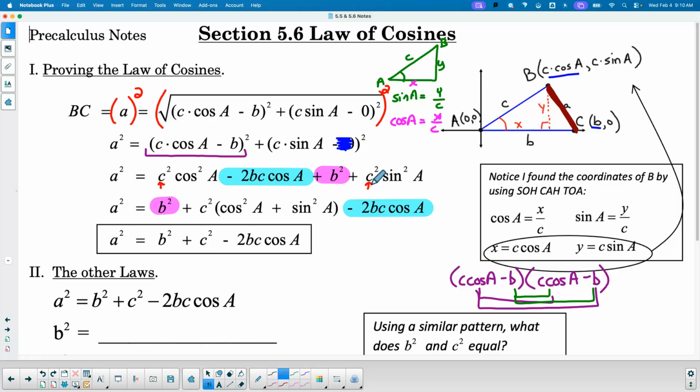It's 1. It's the hammer. So this becomes 1, and therefore we get this wonderful thing that we call the law of cosines.